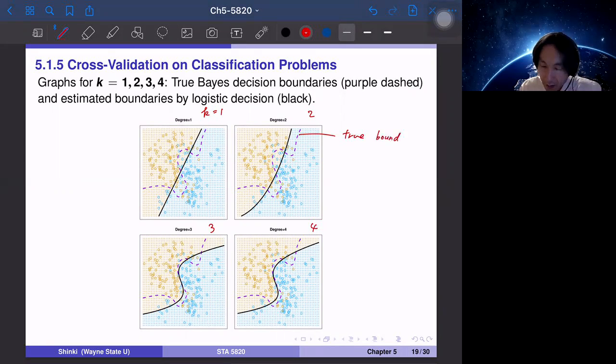So in this chapter, the truth was given, but that is because we are doing simulation. In real data analysis, this is not observable. So this is a kind of demonstration purpose. And the boundary obtained by these 4 models is the black one.